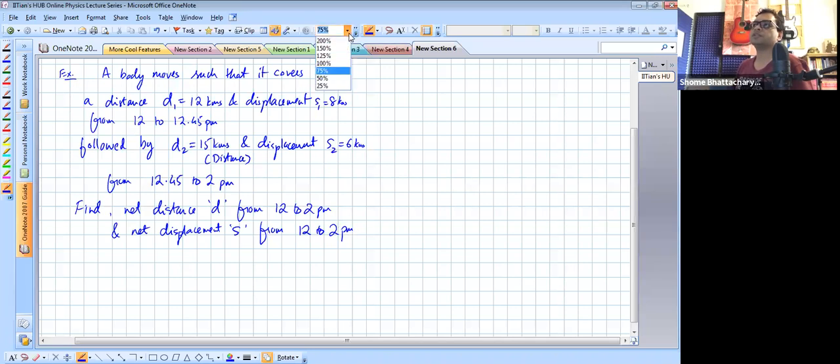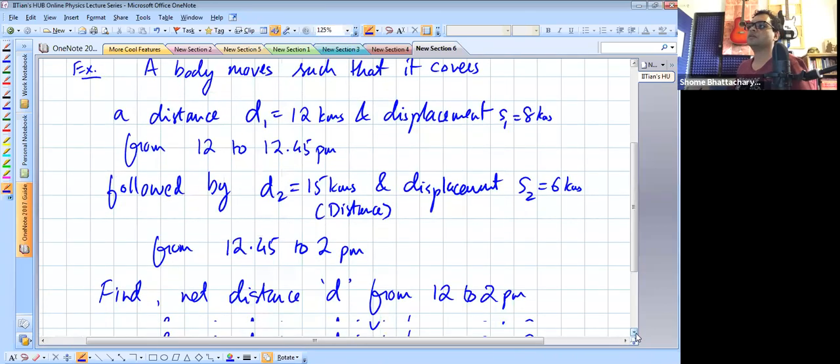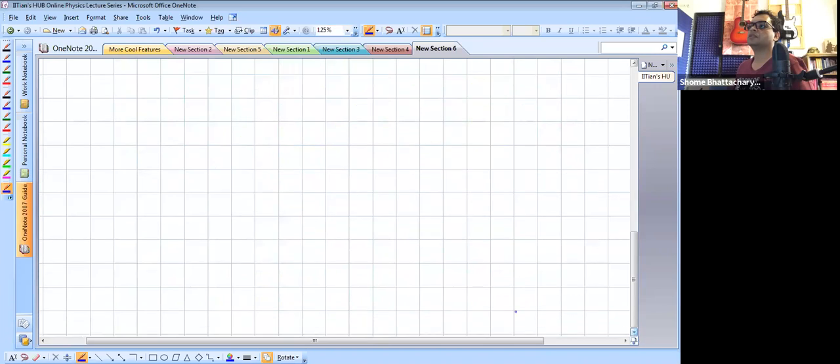Let me just demonstrate. What could have happened here is, for example, let's say this is where my body's location is, or my particle's location, at 12 p.m. From here, let's say it starts moving through some kind of path, because we don't know the path, so I'm just trying to visualize.